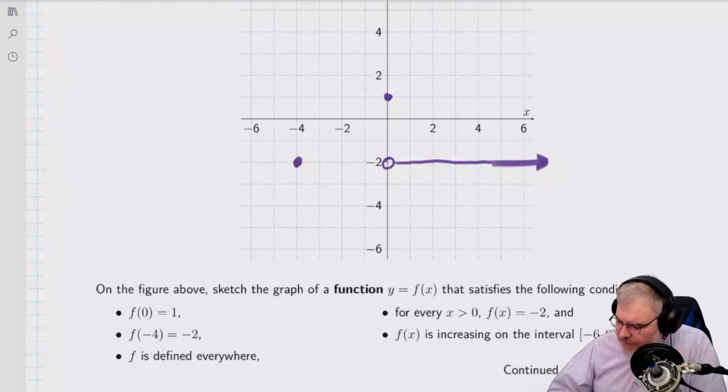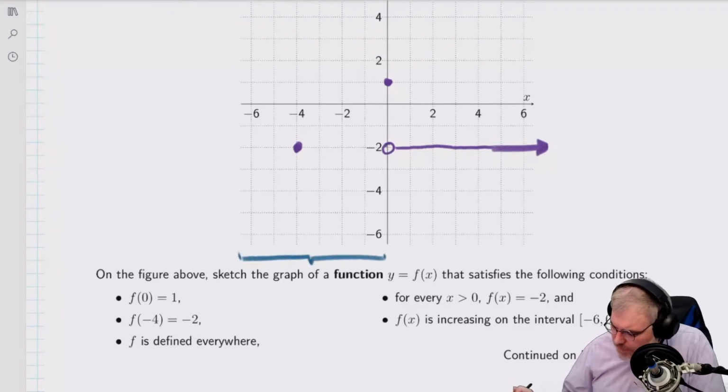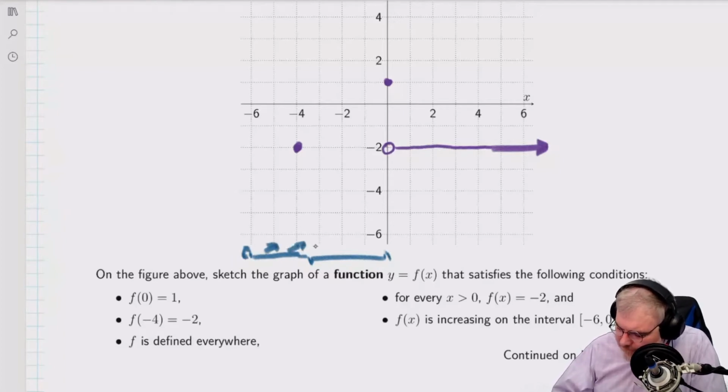So what I'm going to do is come down here and make a little note. This should be a hard note. And I'm going to say this is increasing.